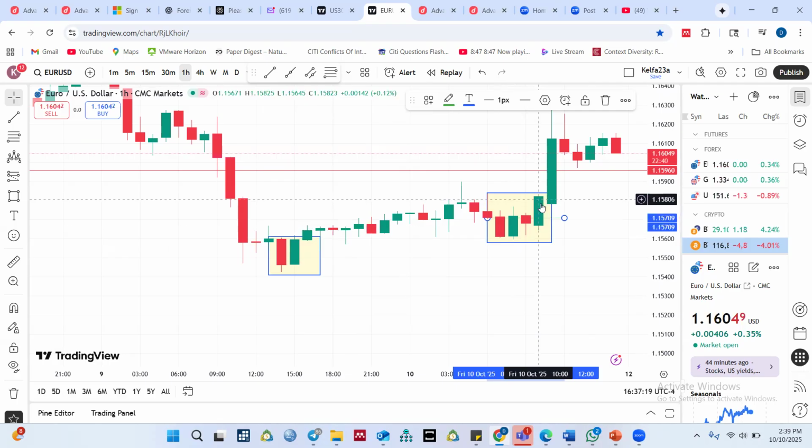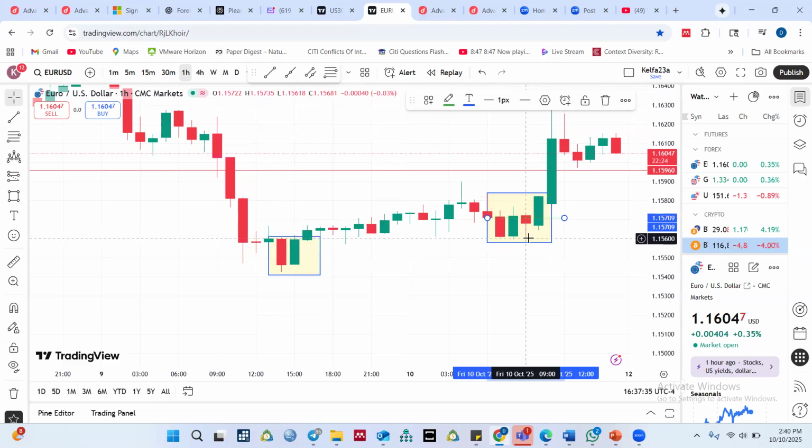But the next green candle we see here, this one was a red one. This one hit down and rejected. So you can see a shadow or a wick or a line. This is what we call rejection.